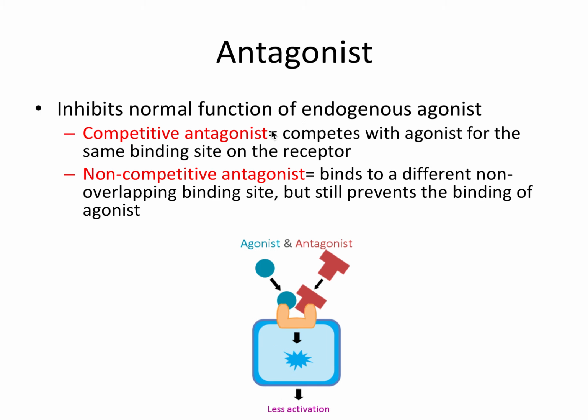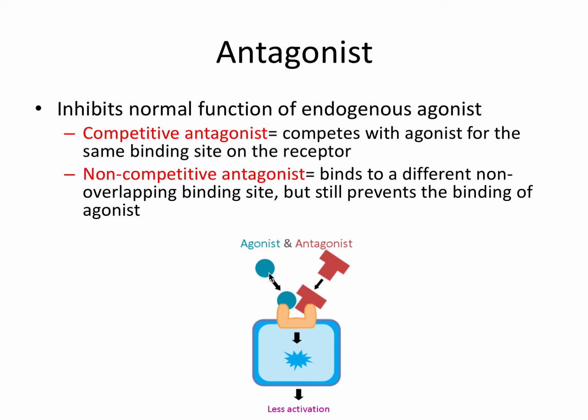An antagonist, on the other hand, inhibits normal function of that endogenous agonist. So now it's getting in the way of that naturally occurring induction molecule. A competitive antagonist competes with the agonist for the same binding site on the receptor. That's shown in this diagram here.